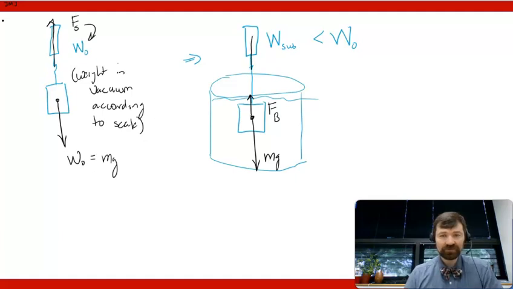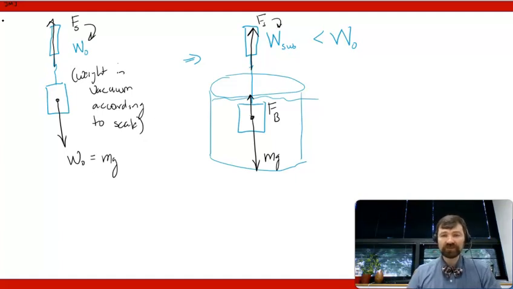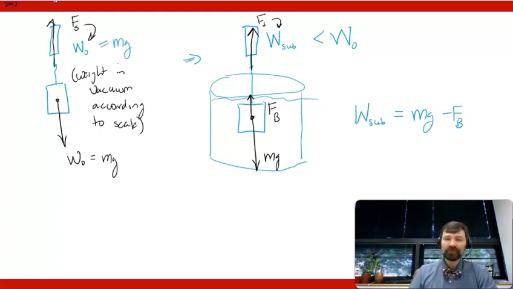And so the upward force from the scale, which is the same as the weight that we're measuring with the scale, will be mg less Fb. In other words, the measured weight while the object is submerged is equal to mg minus the buoyant force, whereas here it's simply equal to mg.